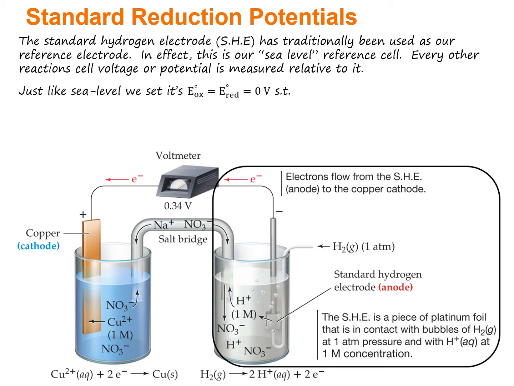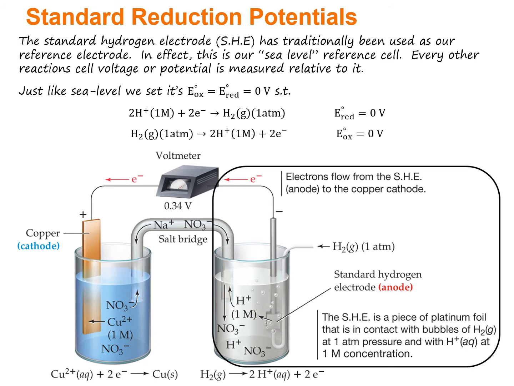Just like a measurement for sea level is 0 feet, the half reduction potential and half oxidation potential for the standard hydrogen electrode is 0 volts. If we look at just the reduction, we get 0 volts here. We look at the oxidation, it gets 0 volts. And that's important for the reference that we're using here.